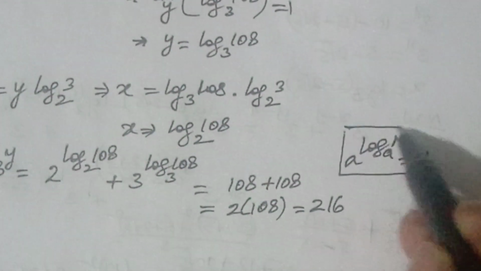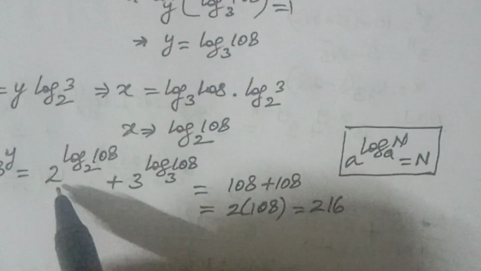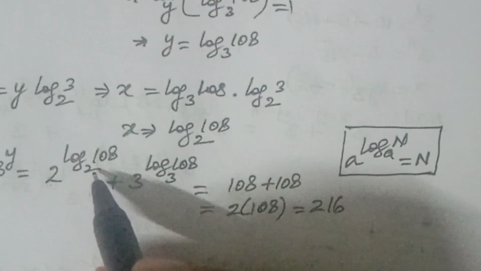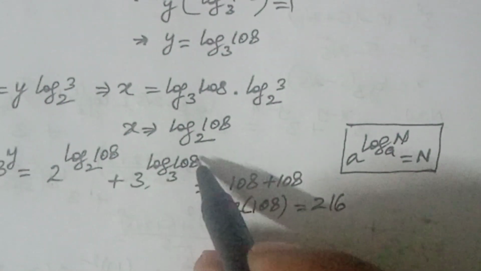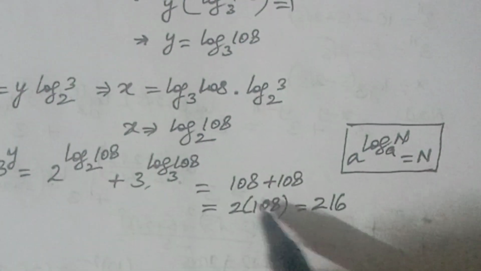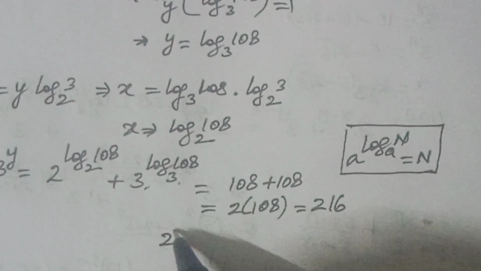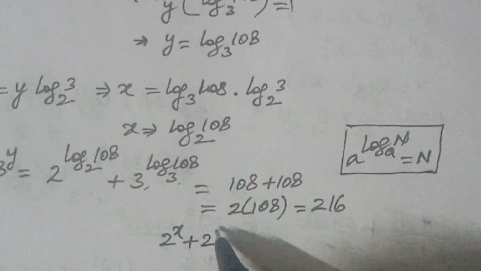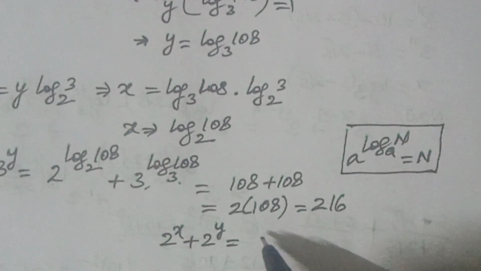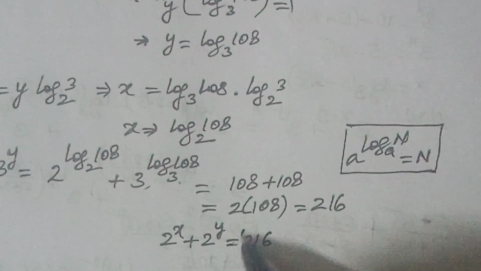So we get 108 plus 108, which is 216. Therefore 2^x + 3^y = 216.